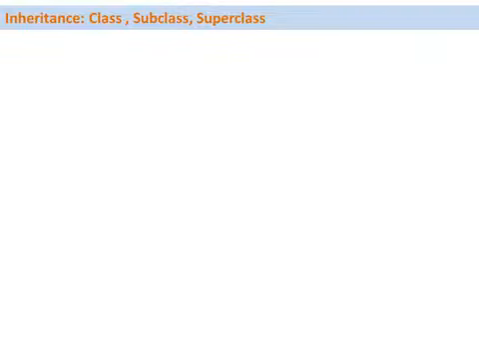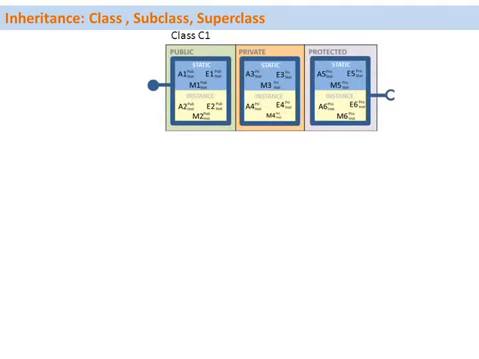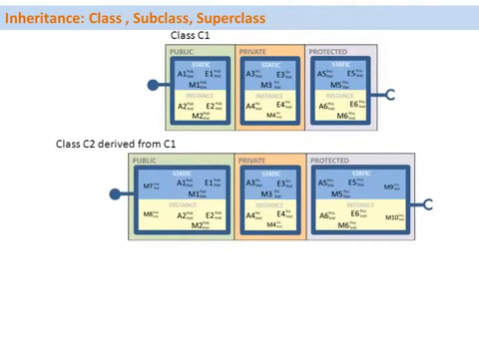Let's have a look at how inheritance works in ABAP Objects. Say for example, we have a class C1 and another class C2 which we derive from class C1. Then the class C2 inherits all the components of public and protected section of class C1. This is called inheritance. The class C1 in this case is the superclass and class C2 is called the subclass of class C1.